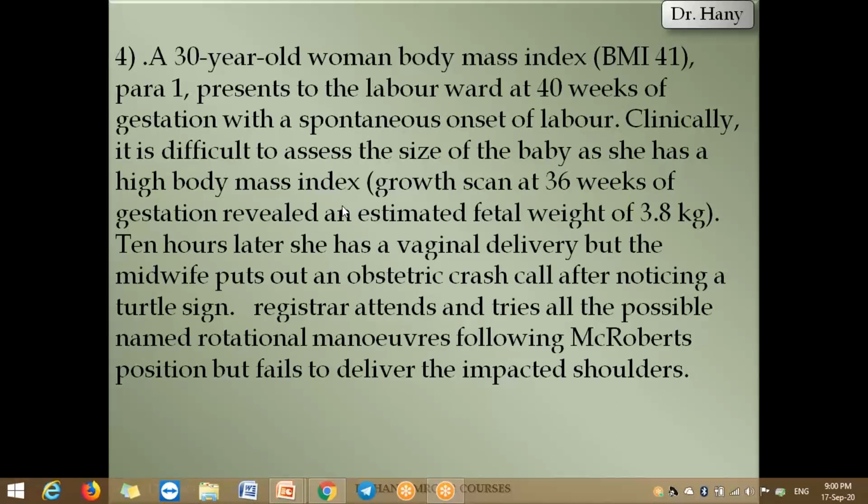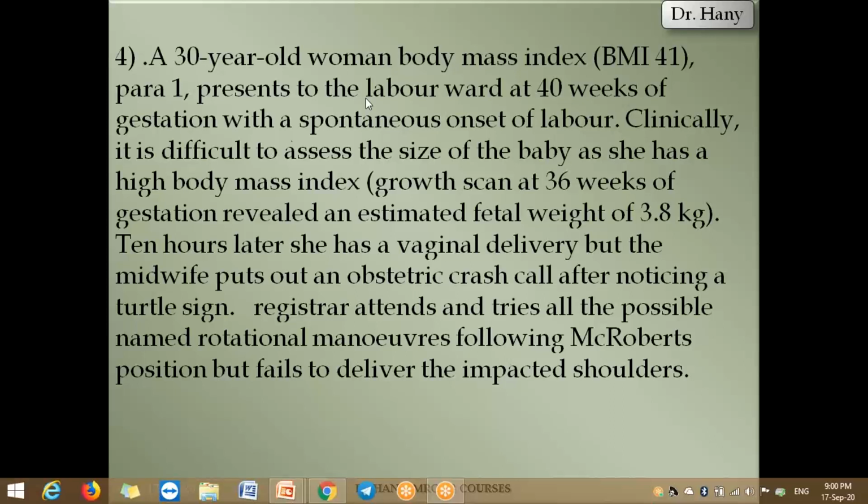If they didn't mention it, I assume they've done it since they reached the second step. If he reached the point that the woman is already in McRoberts, you called for help, stopped your syntocinon, brought the woman to the edge of the bed and did McRoberts, so the next step is suprapubic pressure. Okay?